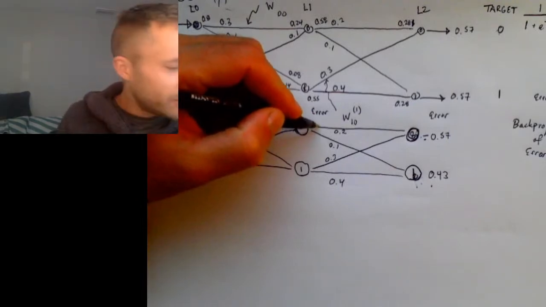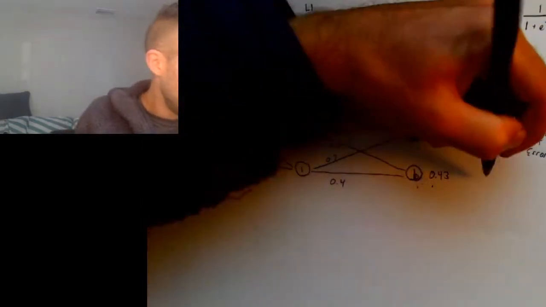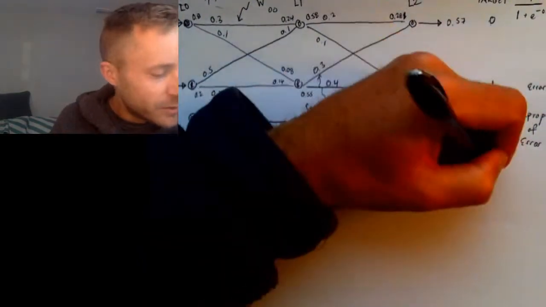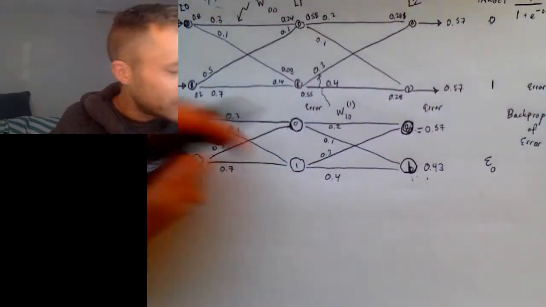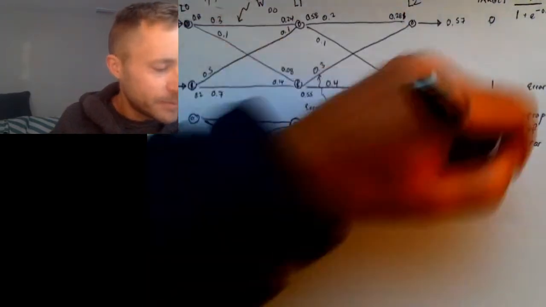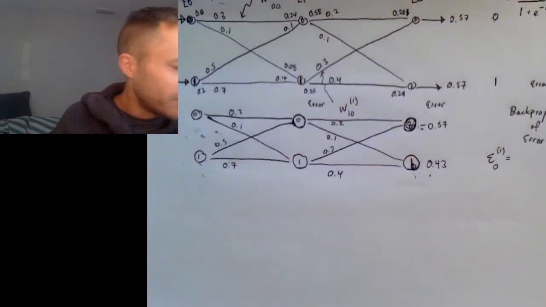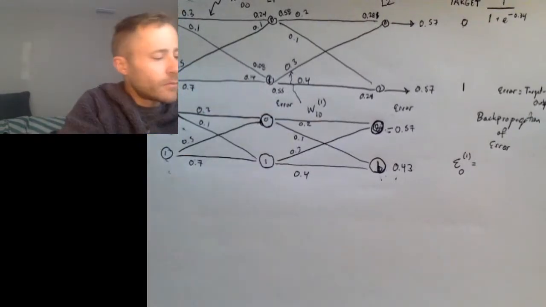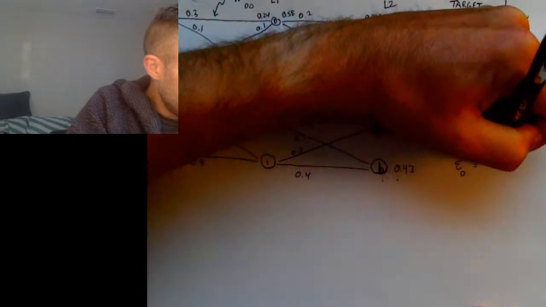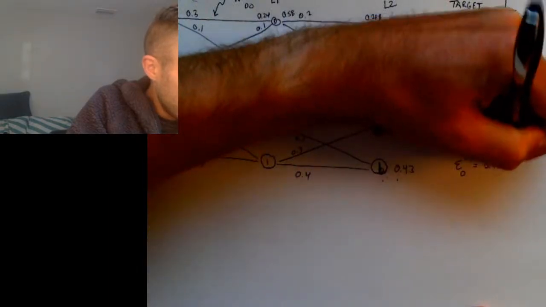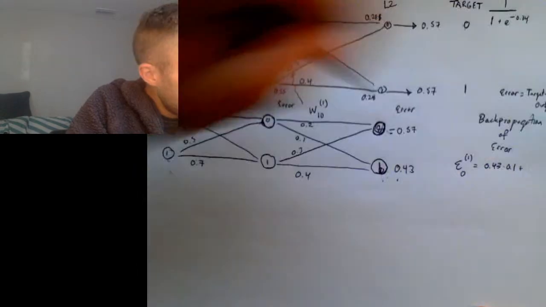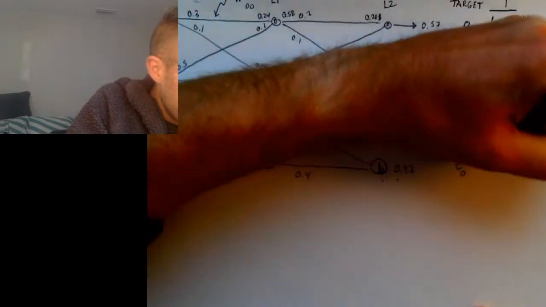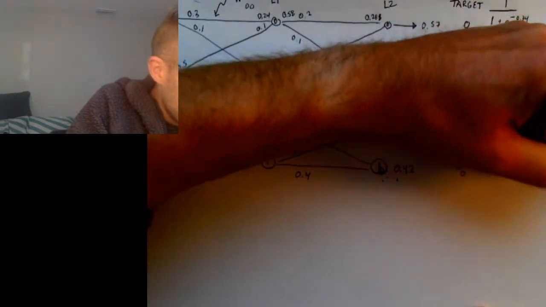So if I do that, for example, the error of neuron 0, this is neuron 0 in layer 1, is going to be equal to 0.43 times 0.1 plus negative 0.57 times 0.2.